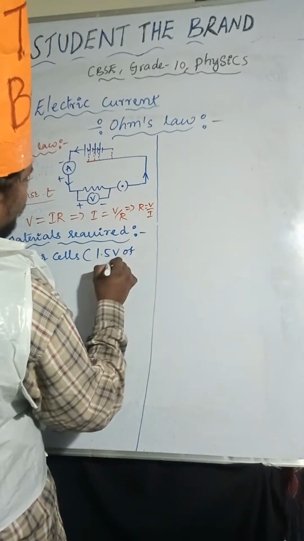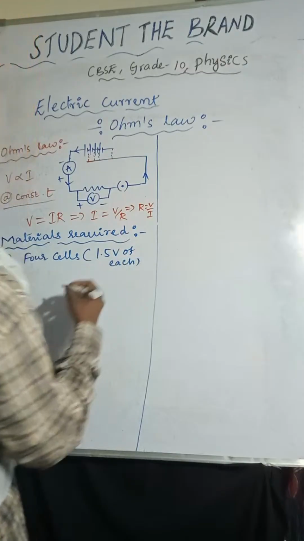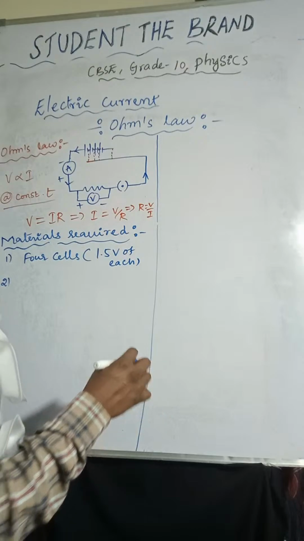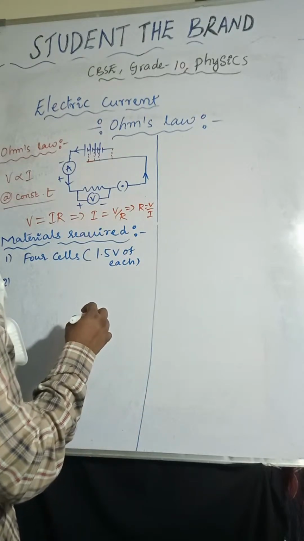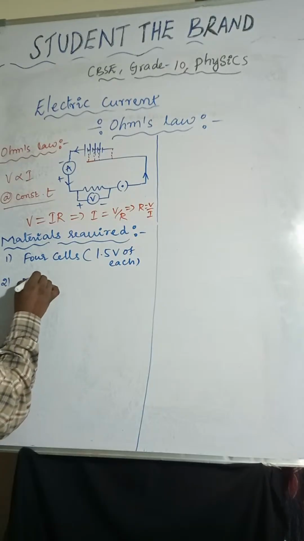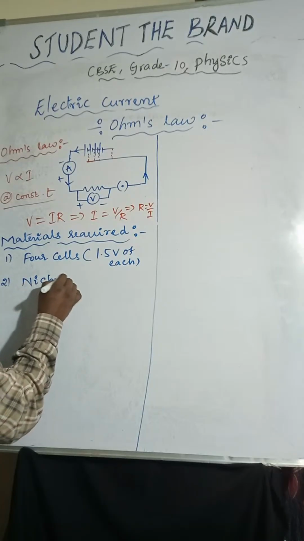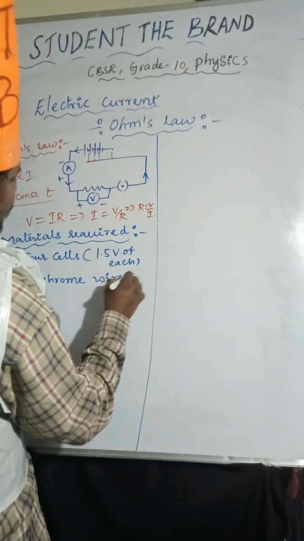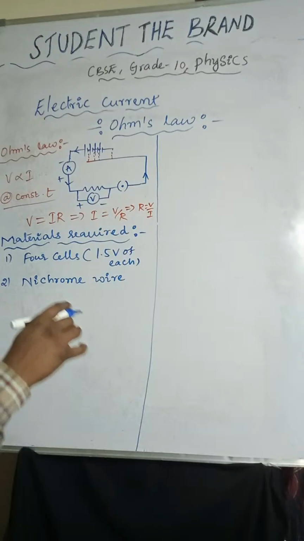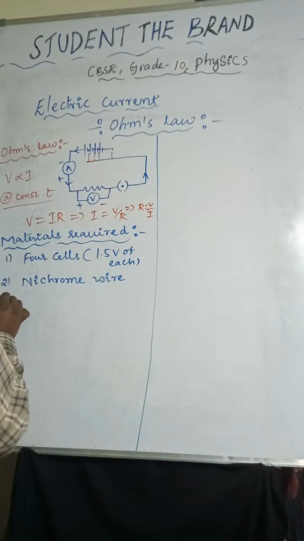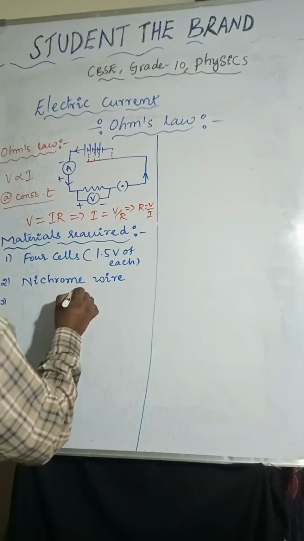Next, nichrome wire, which is an alloy of nickel, chromium, manganese and iron metals. It is a combination, and it is 0.5 meter in length.